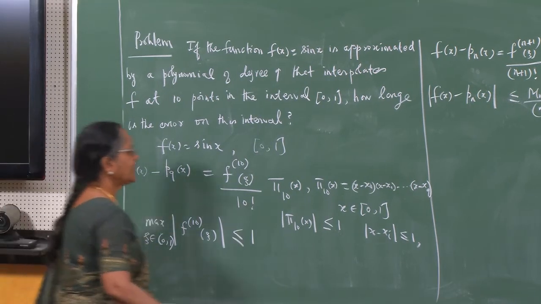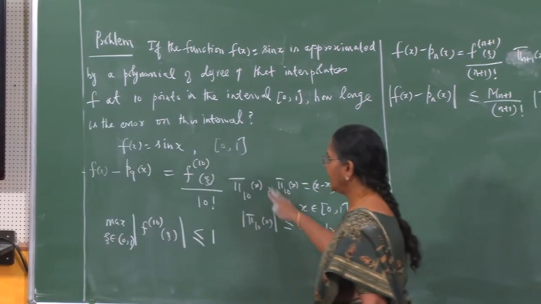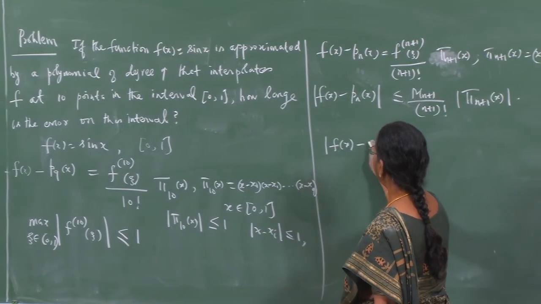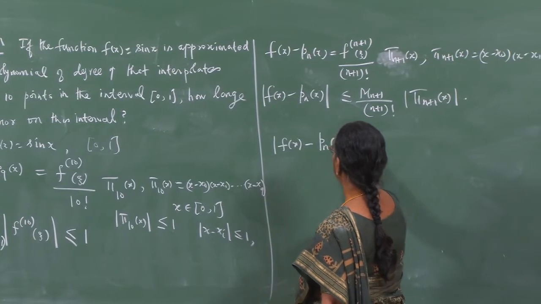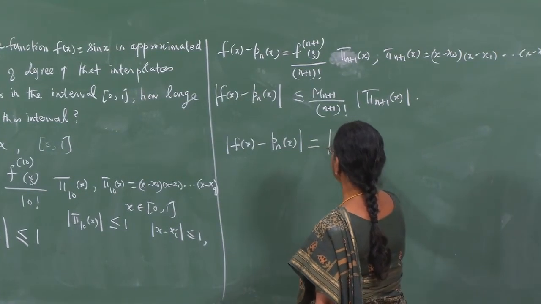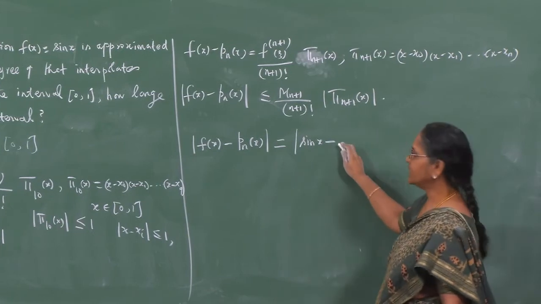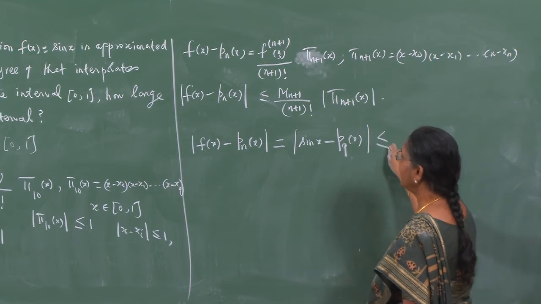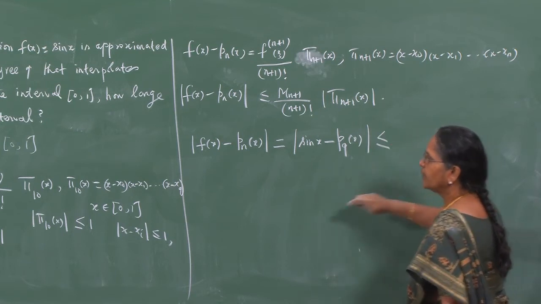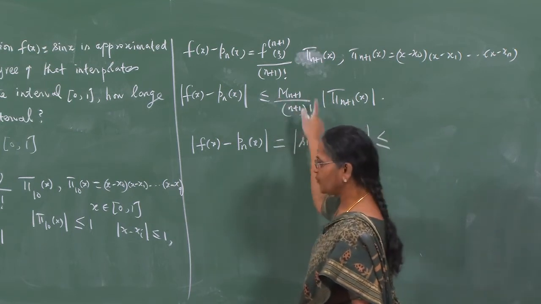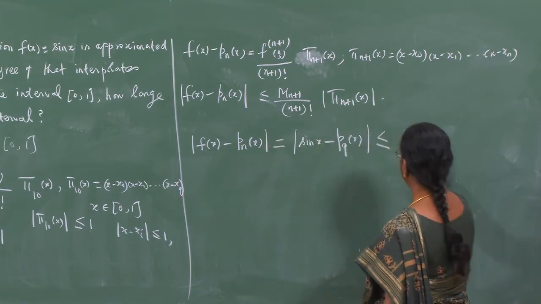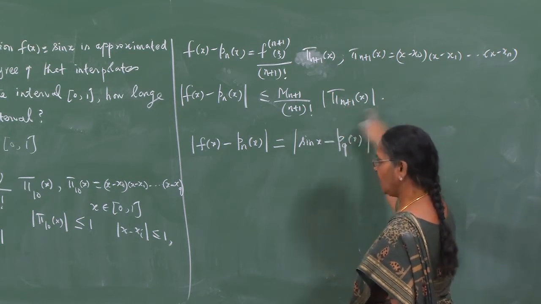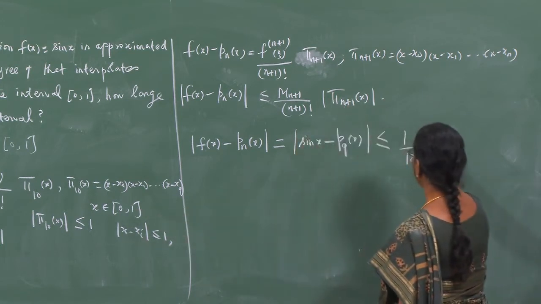Therefore, I have all the information that I require to compute the error bound, namely the modulus of f of x minus p9 of x, which is the modulus of sin x minus p9 of x, and that is less than or equal to M n plus 1, which is 1 by 10 factorial, into the modulus of pi 10 of x, which is again less than or equal to 1.